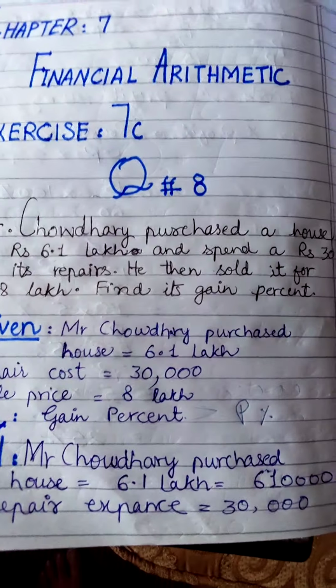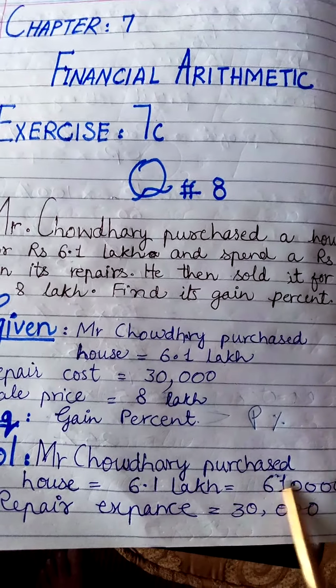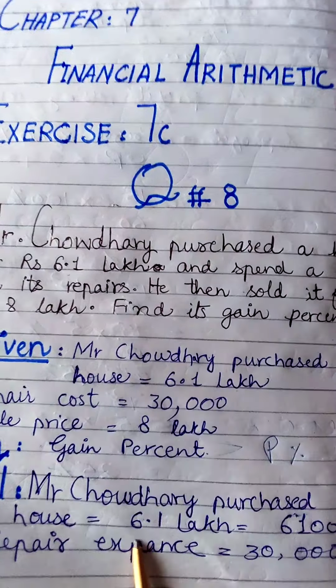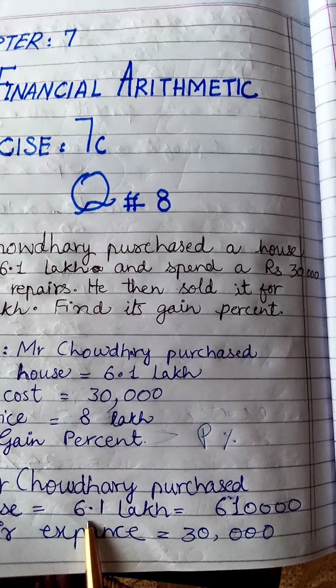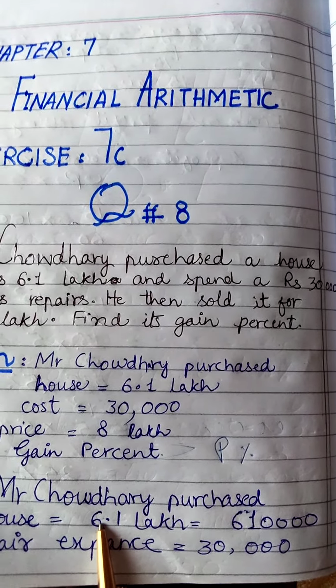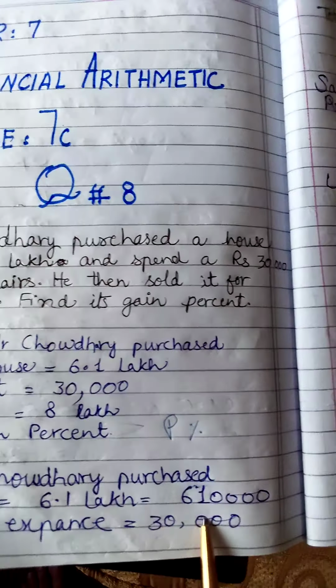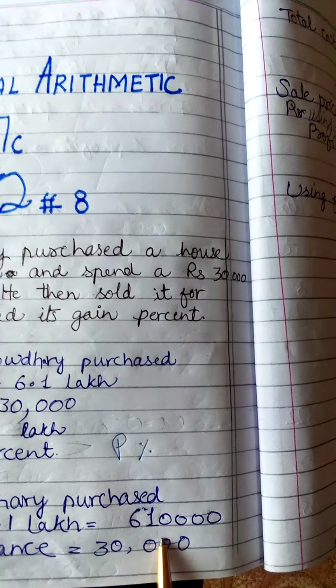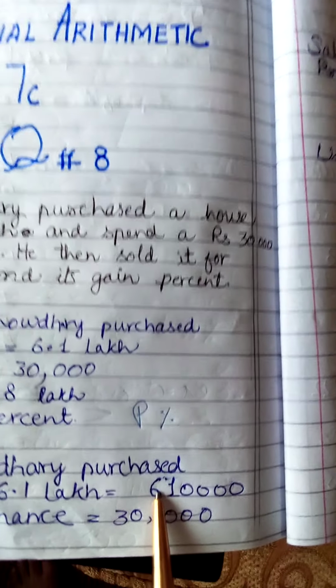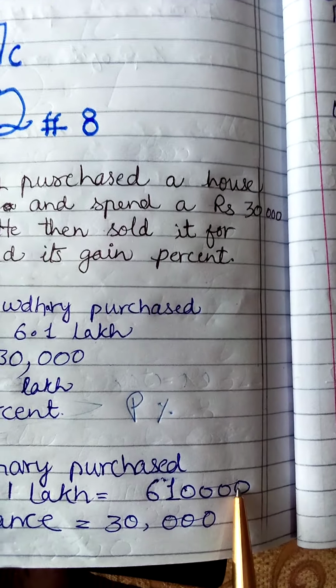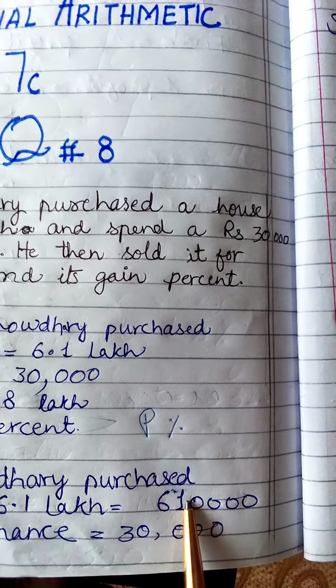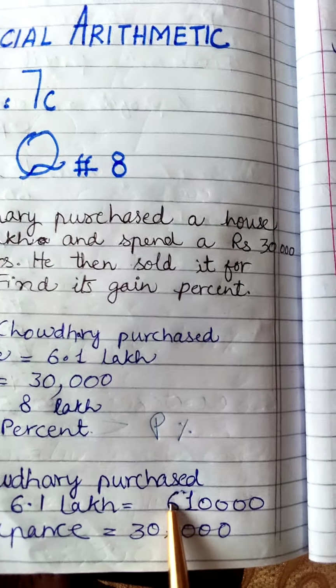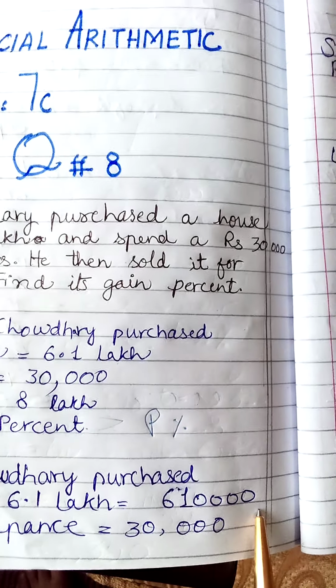We have to find the profit percent. Now let's solve it. Mr. Chaudhary purchased the house for 6.1 lakh. 6.1 lakh is given in the question in decimal form. Let's write in numbers. In numbers we will write 6 lakh 10,000 like this. Look, ones, tens, 100,000, 10,000, lakh, 6 lakh 10,000.